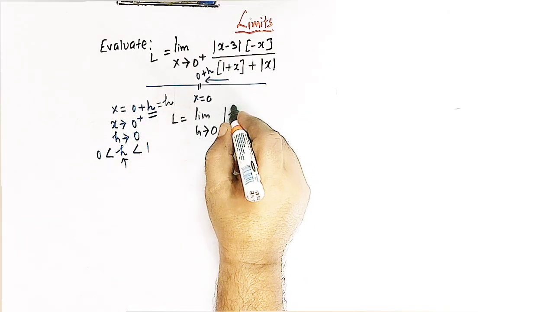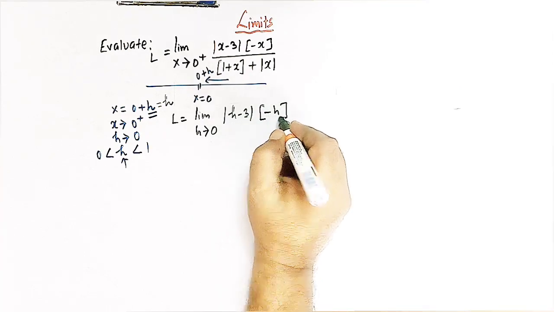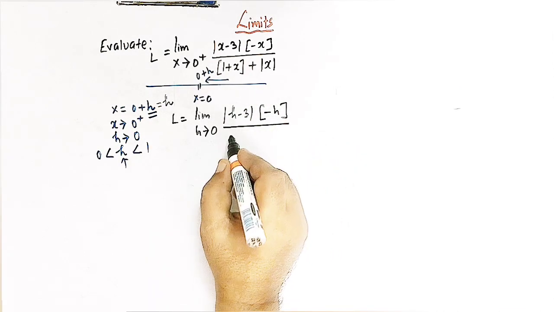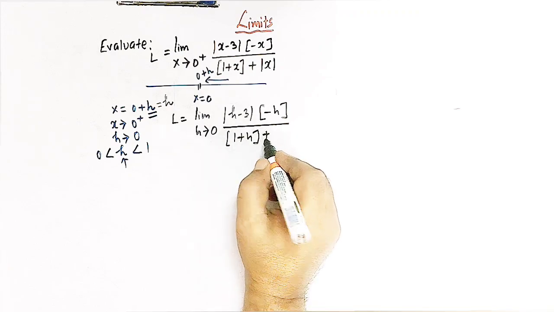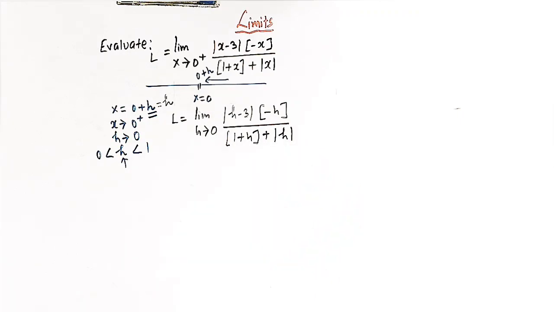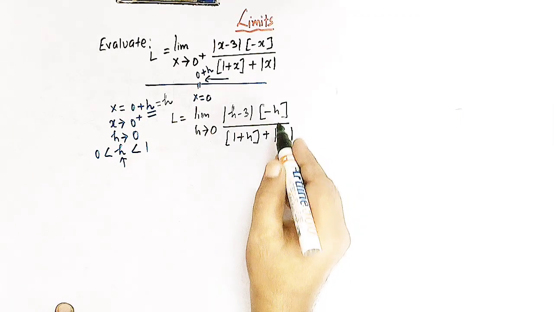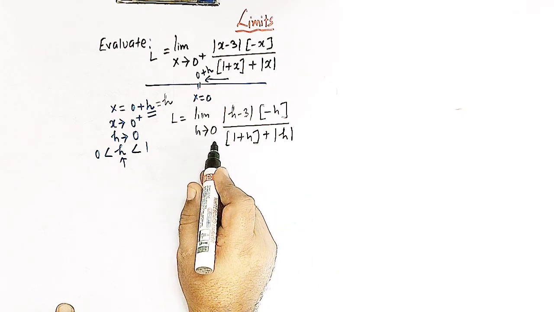So here we have h minus 3, then we have minus h, and here we have greatest integer of 1 plus h, and here we have mod of h. So now we have to simplify this expression when h tends to 0.